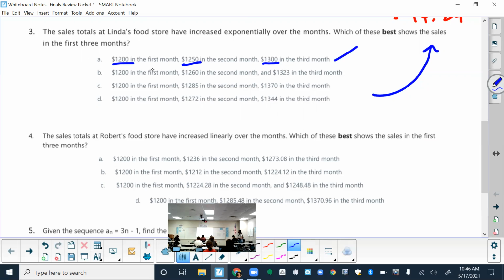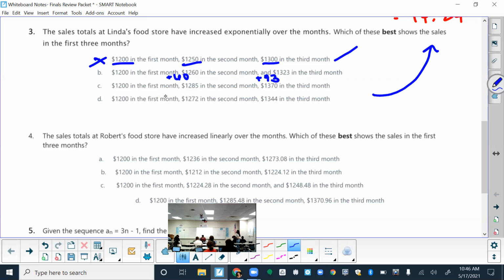So it's not going to be A. What about B? It goes up by 60, and then from this one to this one, that is up by 73. Let's table that one.